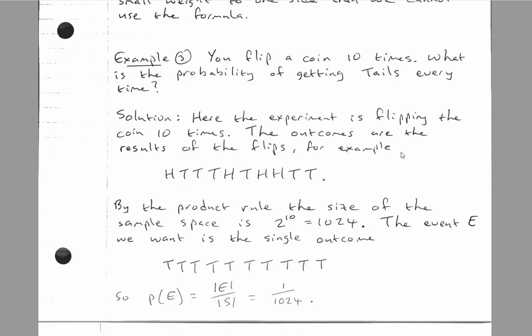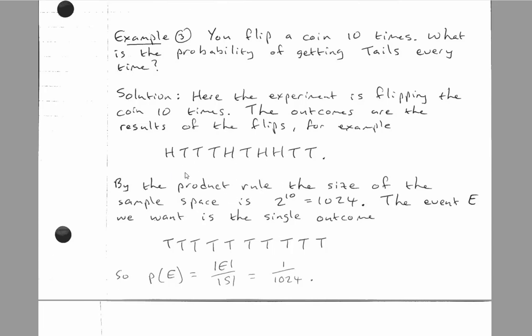Now we're getting into some counting. The sample space is pretty big, so you can see there are lots of different results you could get. How many?